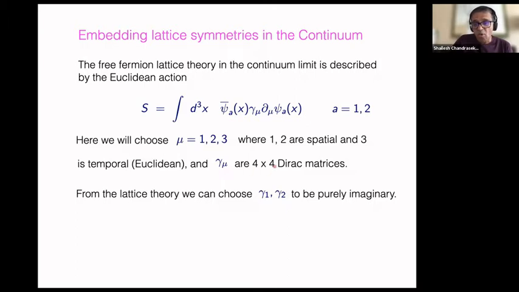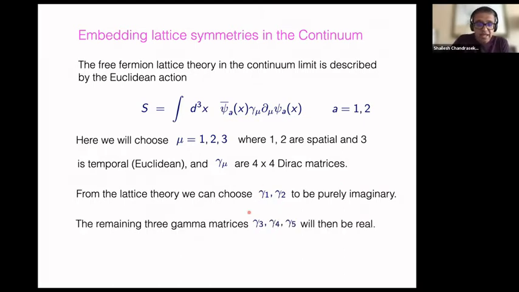These are all 4x4 Dirac matrices, so we have two Dirac flavors of fermions here. We can choose gamma 1 and gamma 2 to be purely imaginary, and since they're all Hermitian, they will be antisymmetric. And then there are three real matrices, gamma 3, gamma 4, and gamma 5.